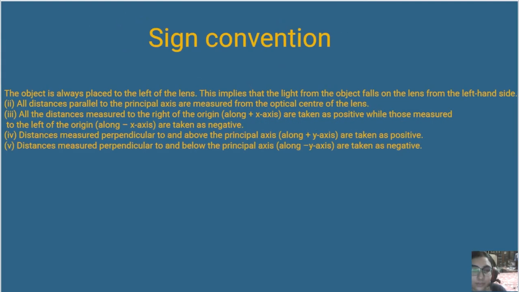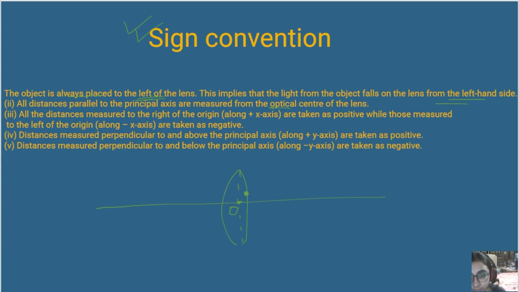So now sign convention. Again, it is similar to what we talked about for mirrors. The object is always placed to the left side of the lens. This implies that the light from the object falls on the lens from the left hand side. All distances parallel to the principal axis are measured from the optical center. So here the optical center is our reference for measuring.